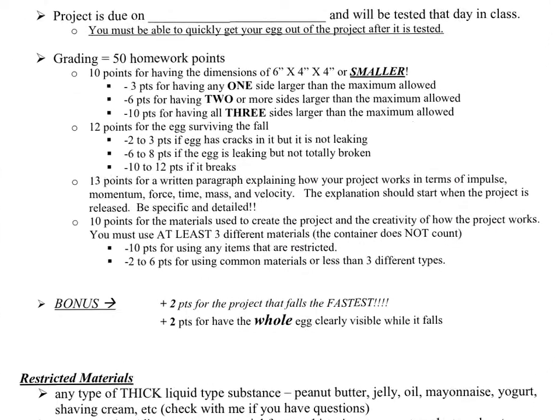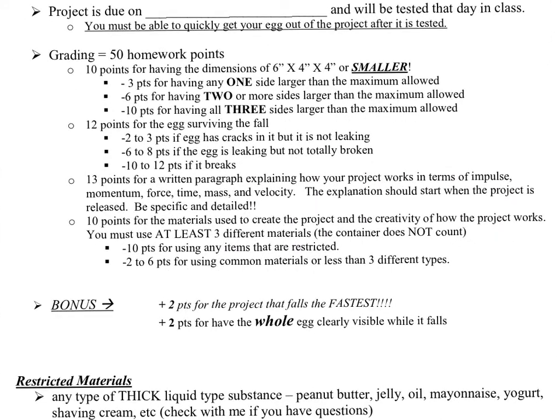As I showed on the rubric, there's 10 points for the materials used, and it says here that you have to use at least 3 different types of materials. The container it's stored in does not count as one of those materials, so for my video, you wouldn't list cardboard in there as an example.